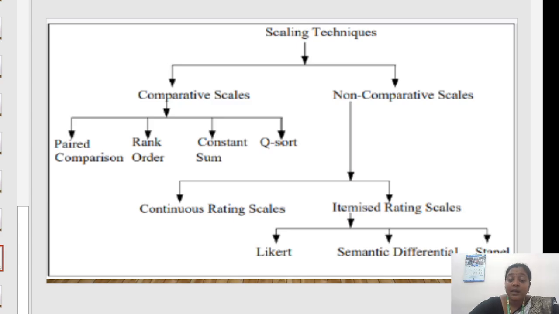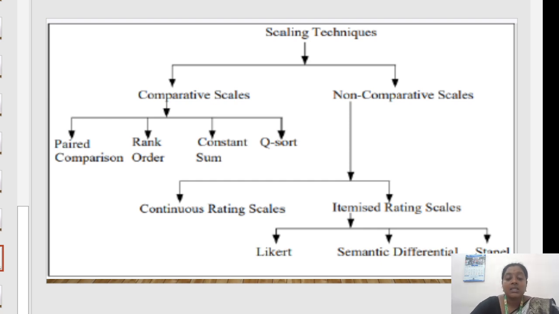The descriptive rating scales employ verbal categories such as excellent, good, average, and poor. Rating scales are widely used because they are easy to understand, administer, and analyze. They provide a convenient method for quantifying subjective judgments and preferences.